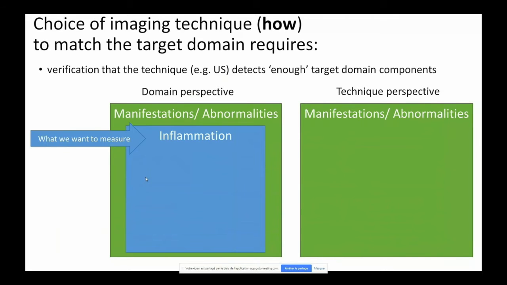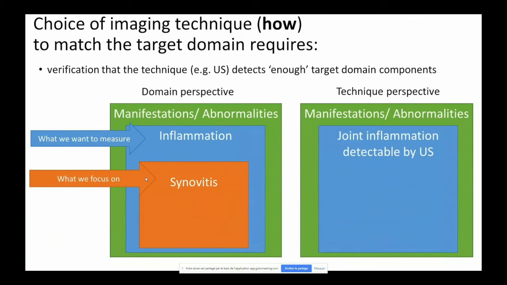What we want to measure in a domain perspective is the inflammation. So by ultrasound, we want to study the joint inflammation detectable by ultrasound. Then we choose what we focus on, our target domain. We have decided that this is synovitis.